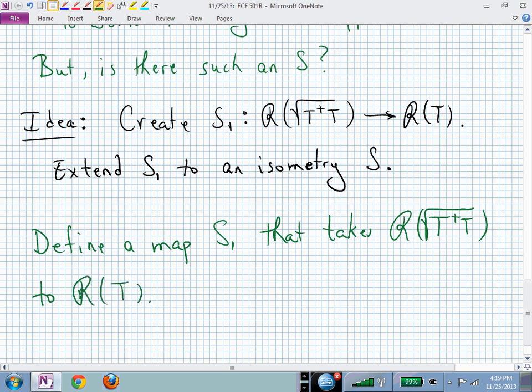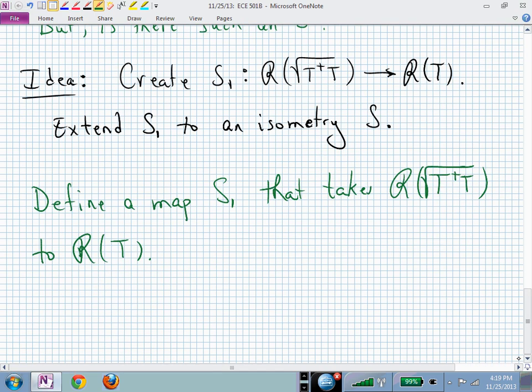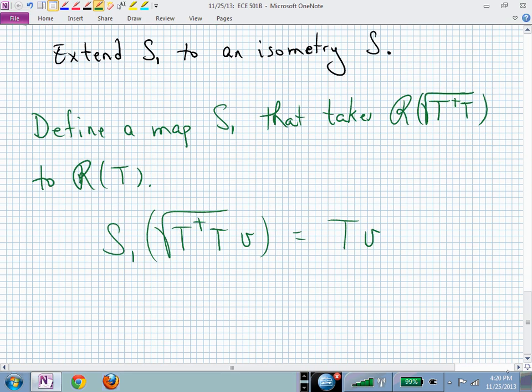So the first thing we want to do is define a map that takes the range of this positive square root of T dagger T into the range space of T. Meaning here is S1, and we want that to take all of these vectors into TV. Meaning this is now the input to S1, and this you could think of as the output.